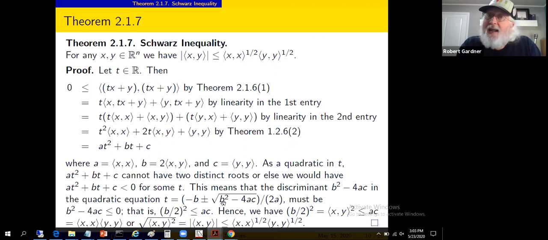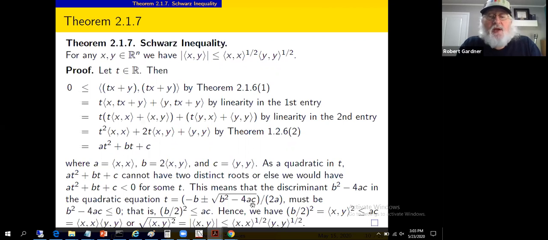So we need to not have 2 distinct values. We need the discriminant, remember that word, b squared minus 4ac, to be either 0, in which case we get a unique solution, or negative, where we don't get any real solutions.